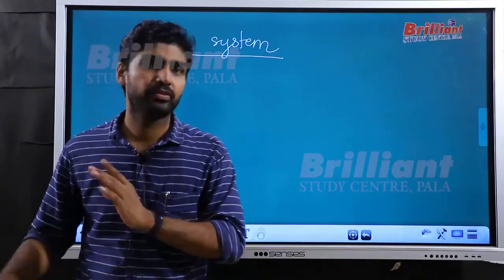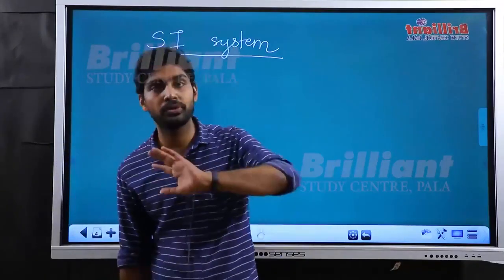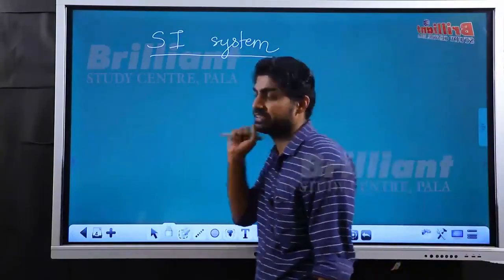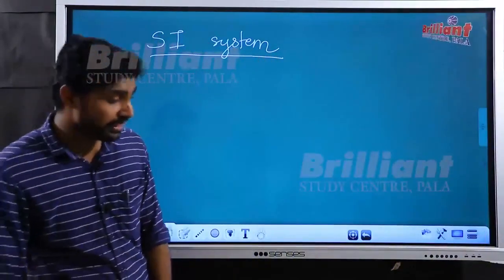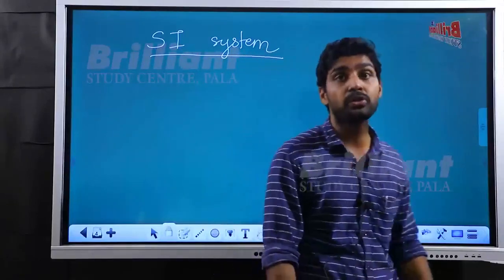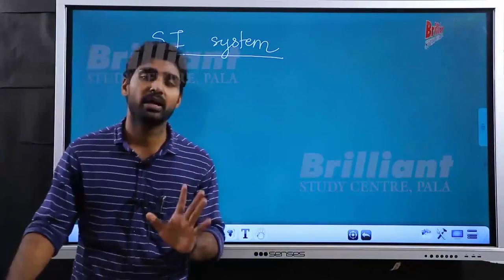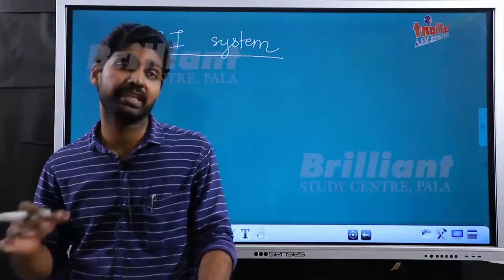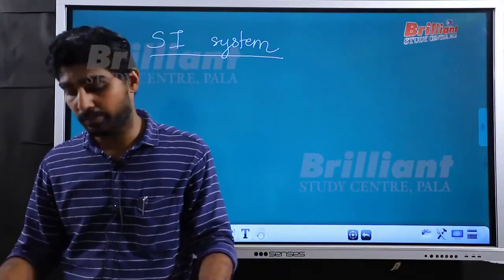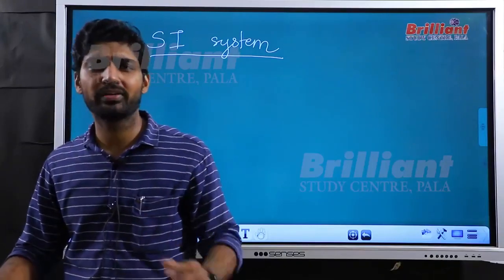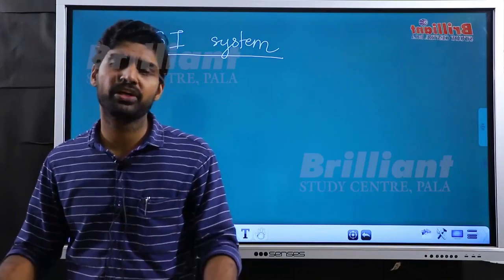So from now onwards, throughout your course, you are going to take the SI system as a reference. In many cases it will be convenient to use other units, so it is perfectly okay to use other units as well. But you'll have to keep in mind that we have the internationally accepted SI system as the system of units. In many cases, for our convenience, we use a large number of different units as well.